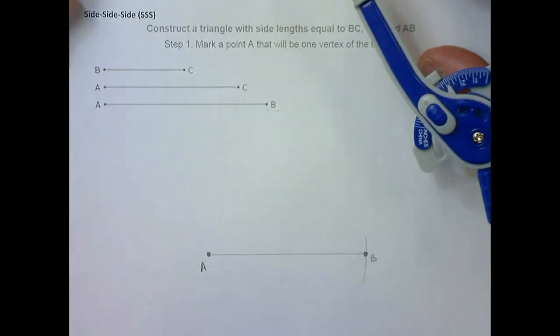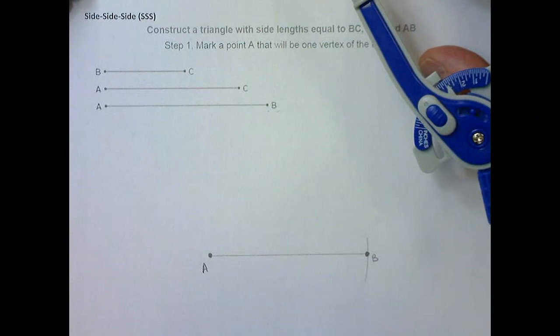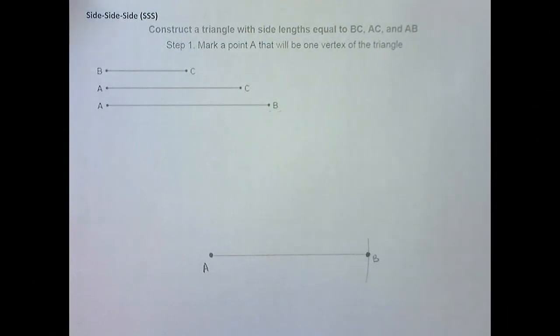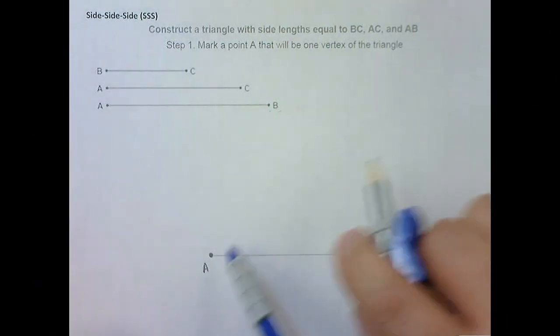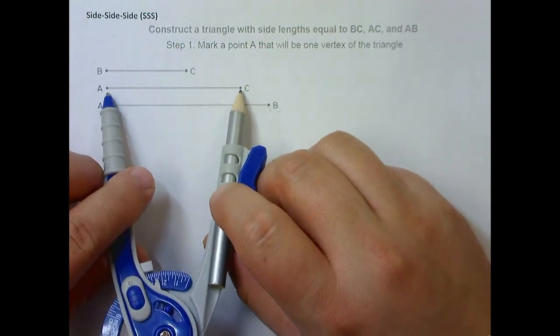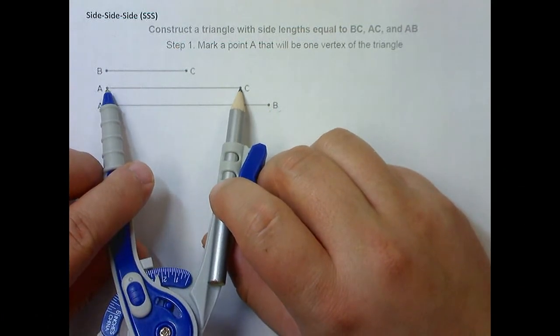Now what we're going to need to do is create segments AC and BC. Now to do that, you're going to need to set your compass again. So after you've created segment AB, if you want to go from A, you need to adjust your compass so the width is equal to AC.